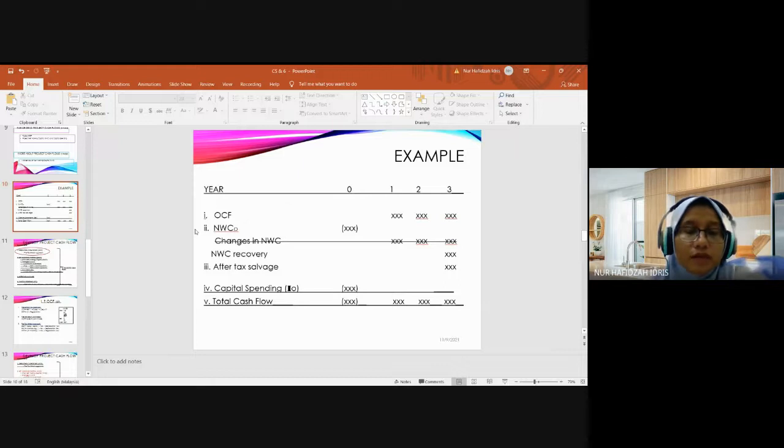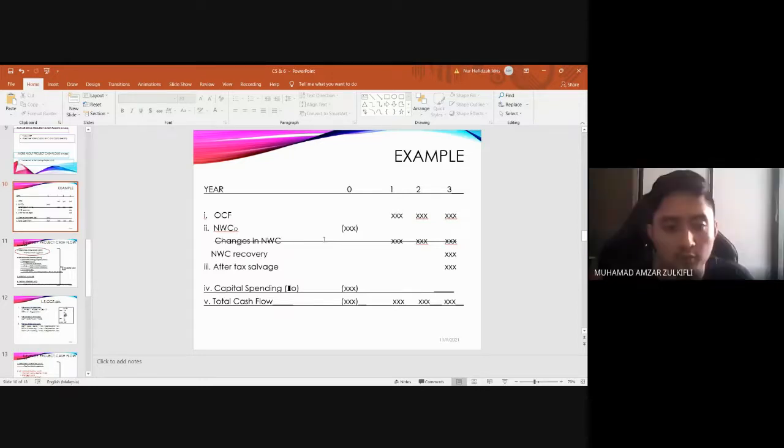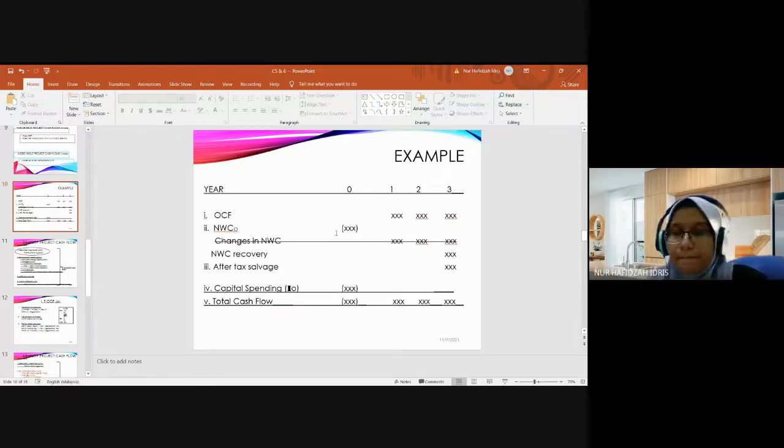So that 50,000 sekarang ni cash inflow ke ataupun cash outflow? Company memerlukan 50,000 initial net working capital. Itu adalah inflow ke ataupun cash outflow? Inflow ni apa? Duit masuk ke duit keluar?